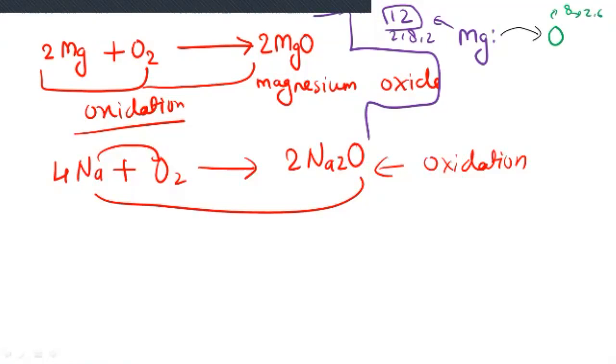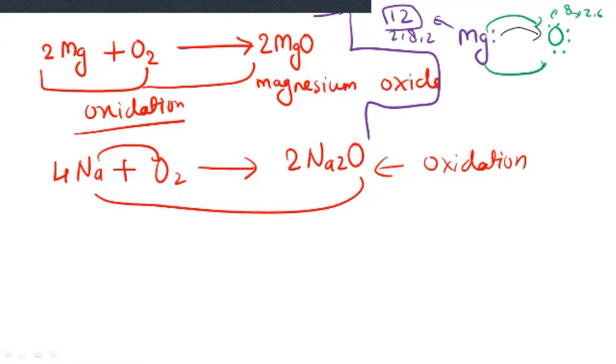So how many valence electrons will it have? 6 valence electrons. That means it needs 2 more electrons. That is why it is reacting with the magnesium.